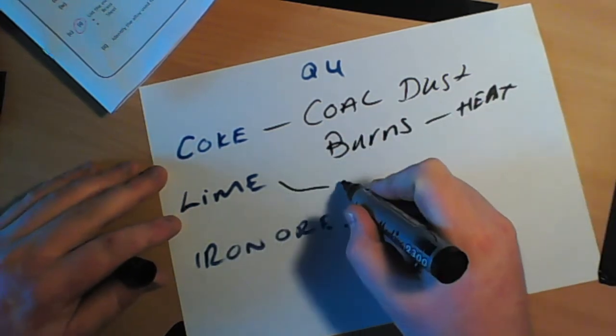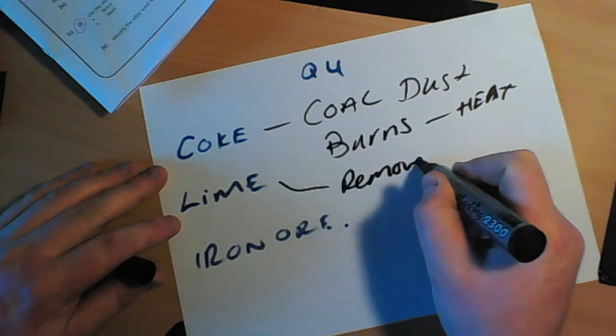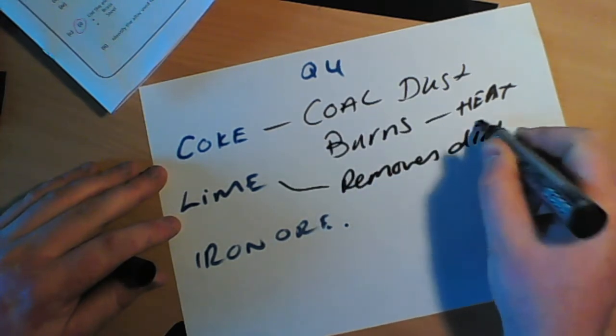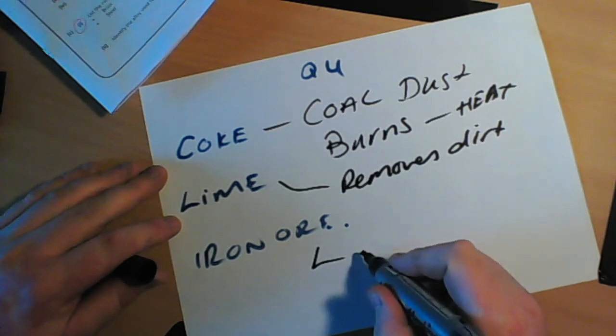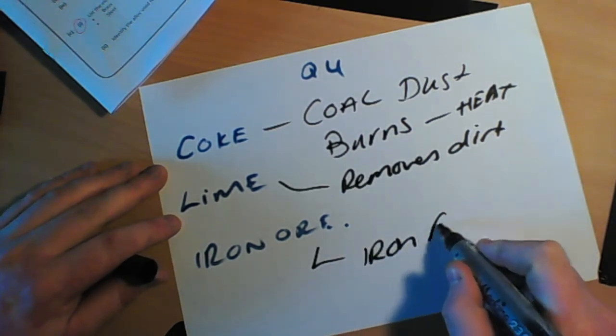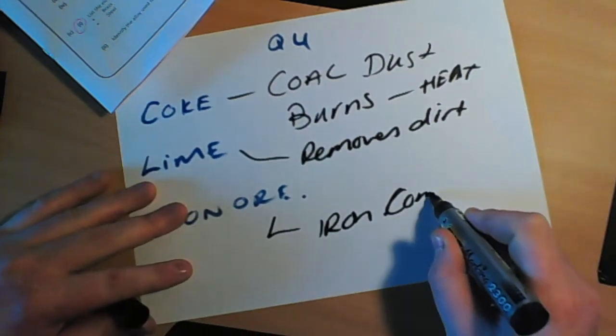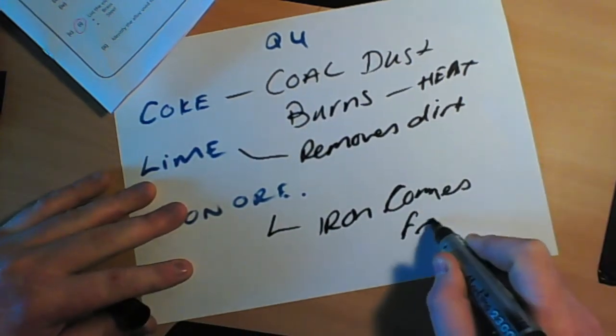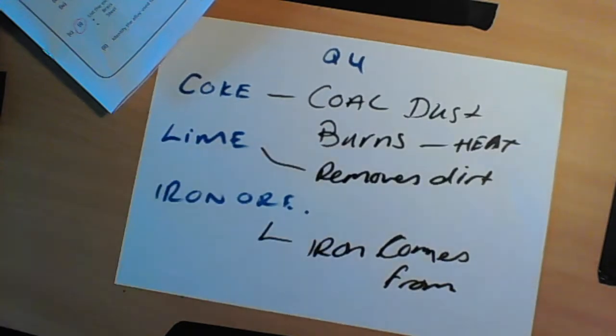Your lime sticks to any dirt, so it removes dirt. And your iron ore is where your iron comes from, a mixture of rock and iron. So that's your charge for the blast furnace.